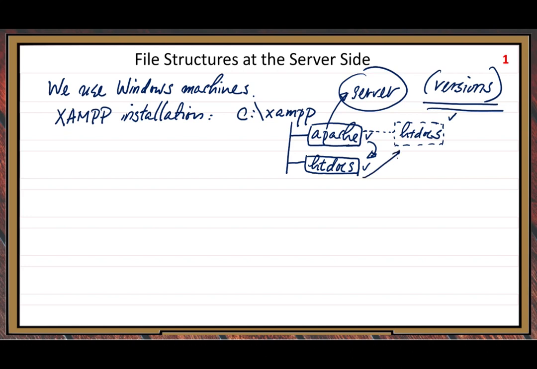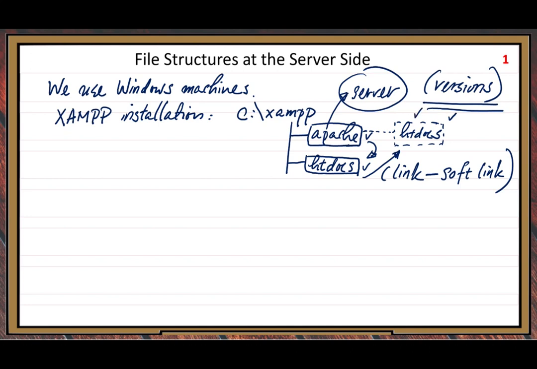Do you know the link concept? Actually in Unix, if you have a background in Unix, there is a soft link concept. It means this folder is actually just a link to the inside folder.